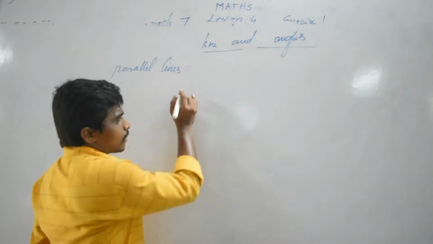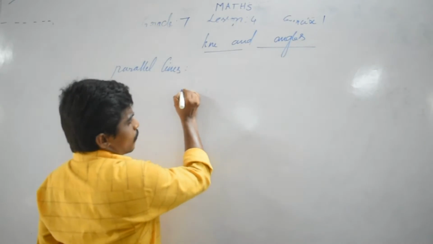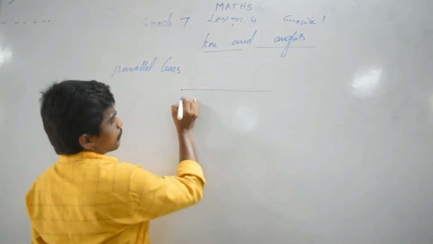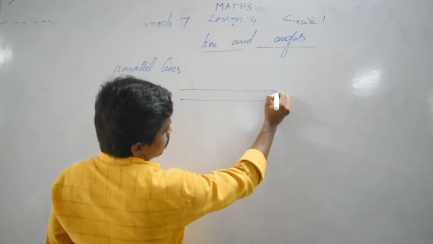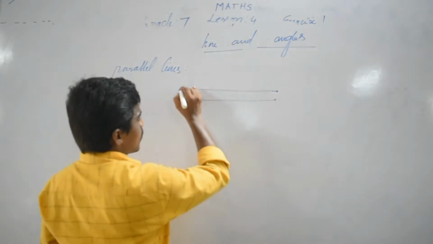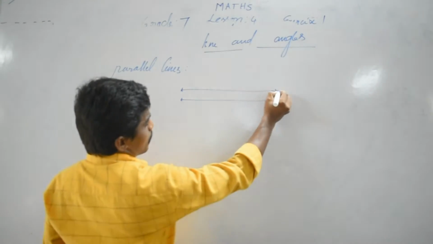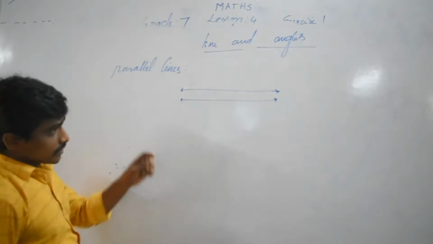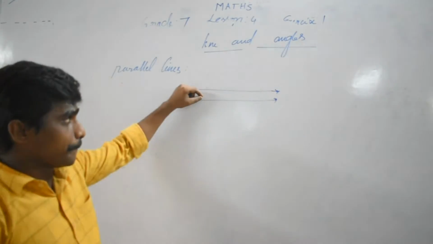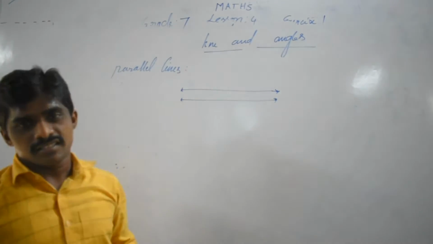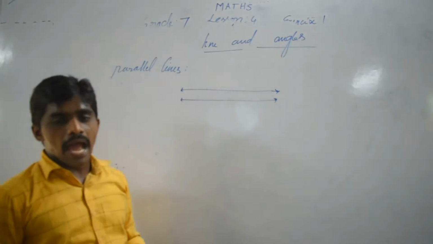Here see, this is one line, this is another line. These lines start here and end here, with equal distance between them. That is called parallel lines.